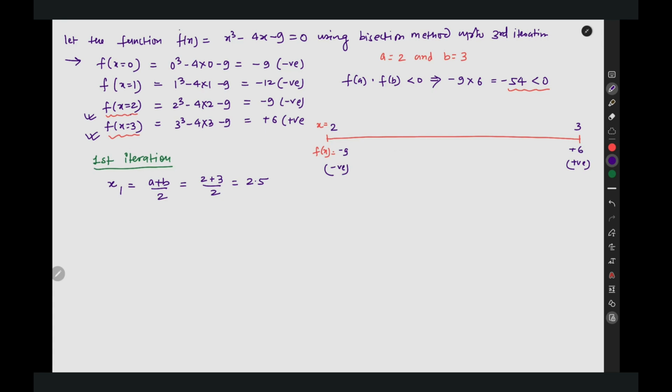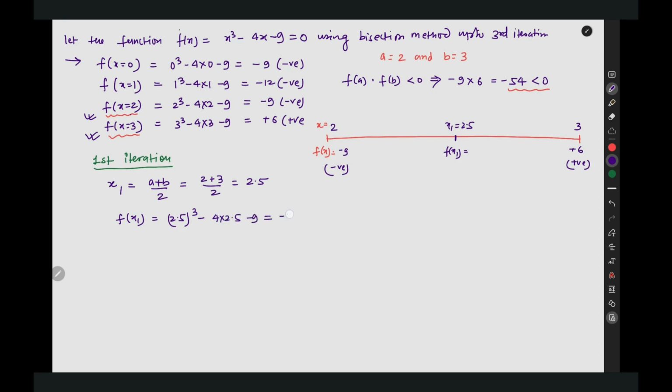So root will lie in between, and that will lie at the midpoint. That is the first iteration value, x1 equal to 2.5. Now we will determine f(x1). f(x1) equal to 2.5 cube minus 4 into 2.5 minus 9.